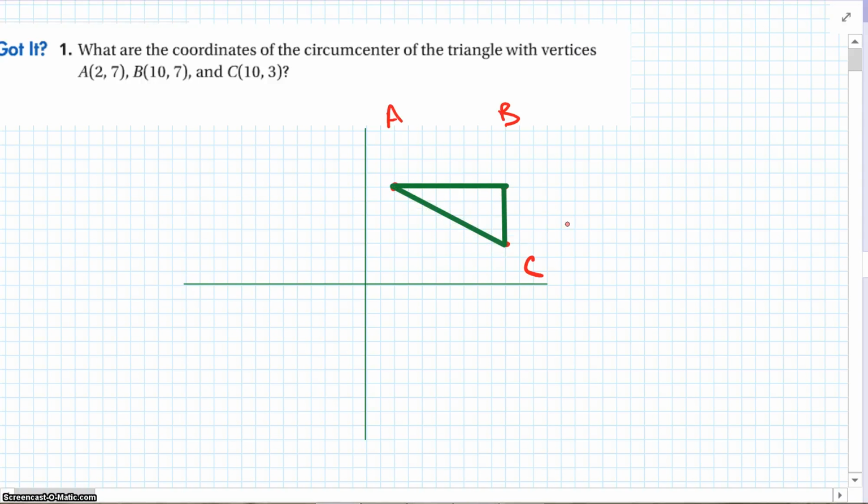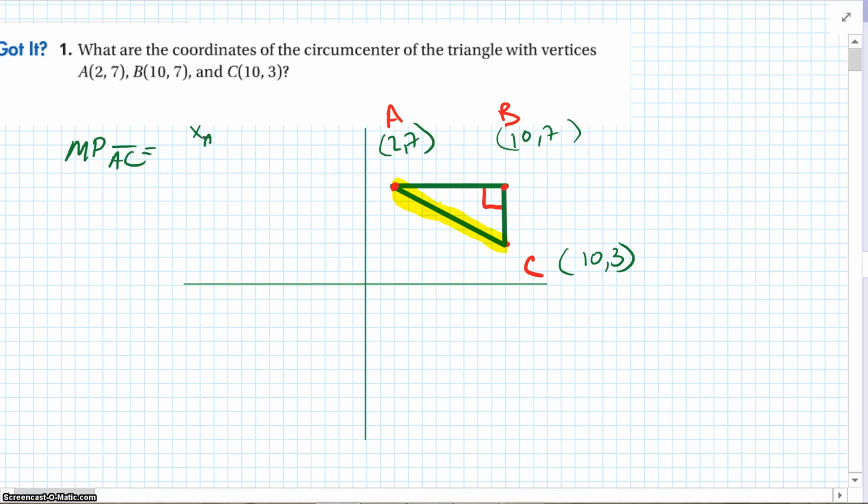So there we go. Well, we notice we have a vertical line and a horizontal line, so we know that's a right triangle. Based on the rules of right triangles, we know the circumcenter is going to be the midpoint of the hypotenuse. A was 2, 7, B was 10, 7, and C was 10, 3. So we need to find the midpoint of the hypotenuse, which is AC. It's going to be the x of A plus the x of C over 2, the y of A plus the y of C over 2.